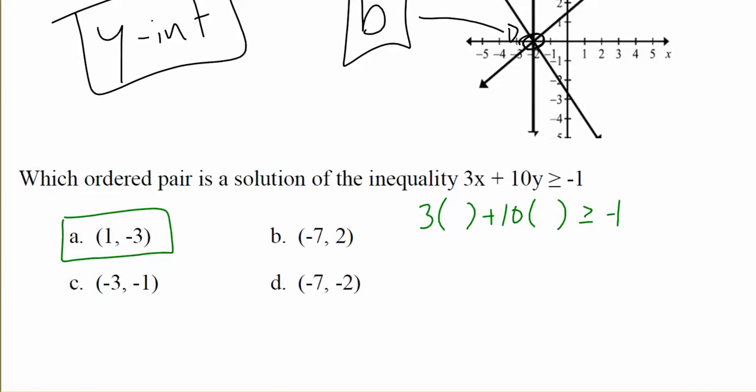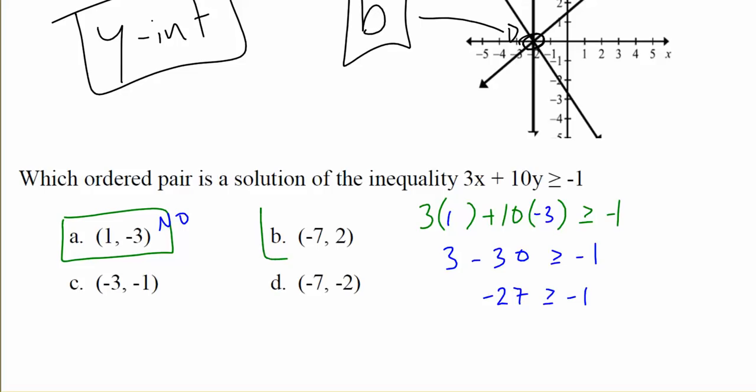We'll plug in a 1 for x and a -3 for y. 3 times 1 is 3, and 10 times -3 would be -30. 3 minus 30 is -27. So is -27 greater than or equal to -1? So this one is a no.